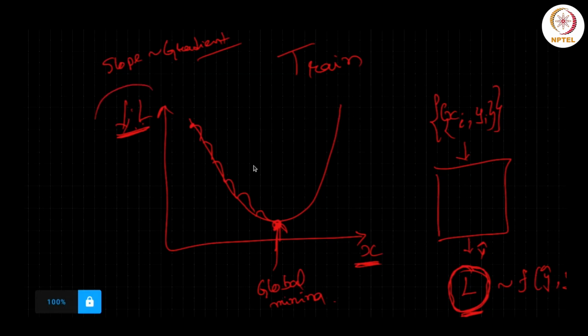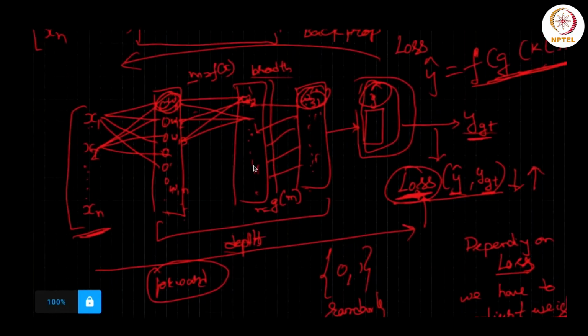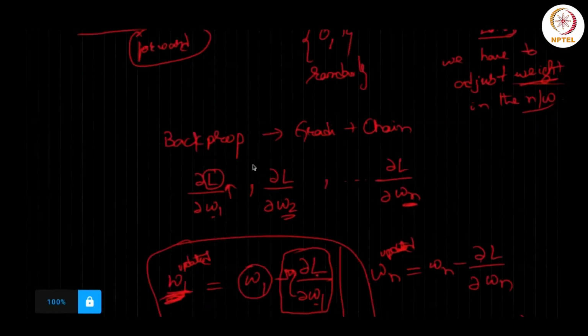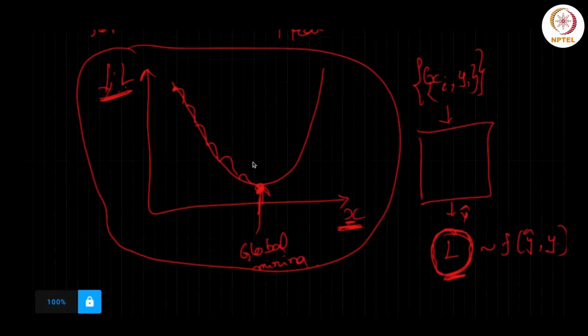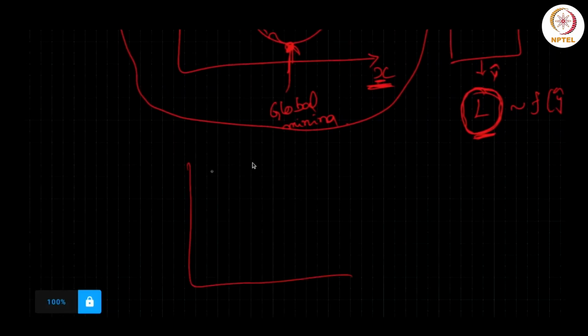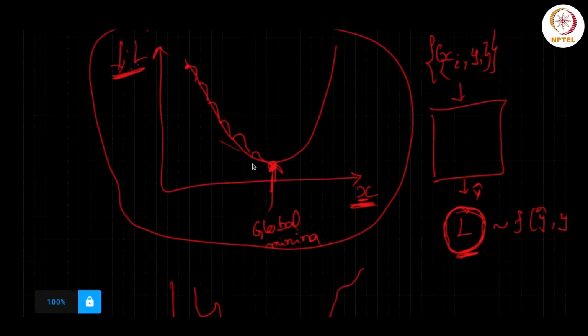Now this is a very simple example where loss depends on only one x, right? If you look at this network, the number of weights is much more than one, so your loss curves aren't as trivial as this. They could be very complicated. One complication could be like this, where your loss curve is not really a smooth convex function like this.